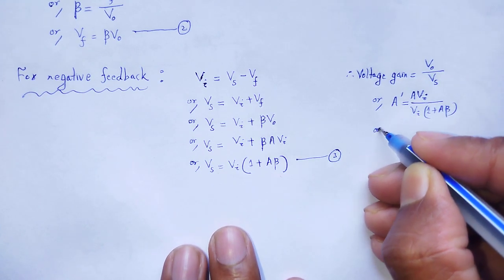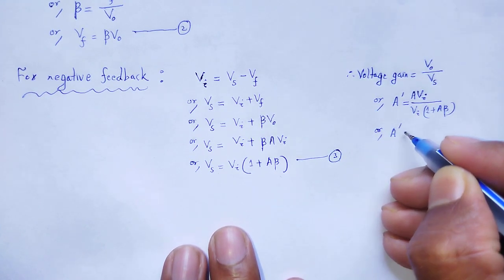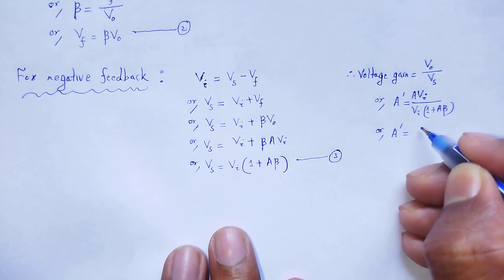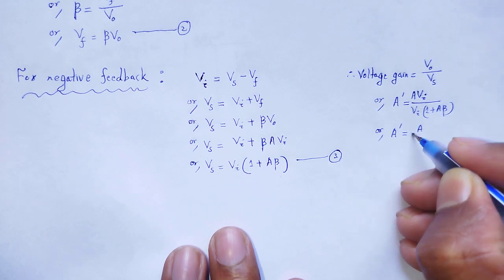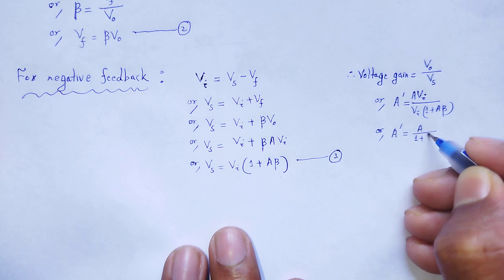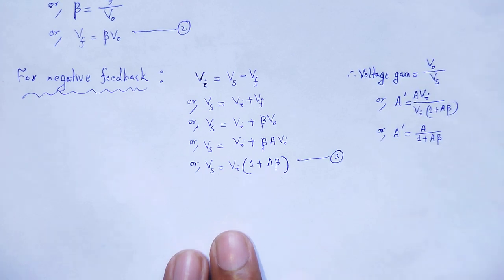Vi cancels out. Therefore, the voltage gain A dash is equal to A divided by 1 plus A beta.